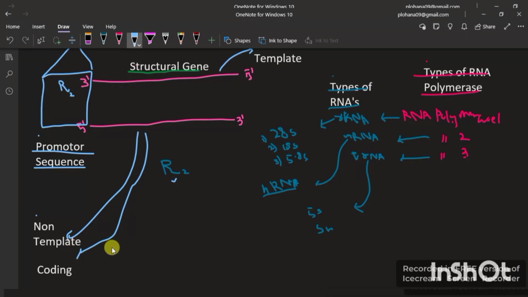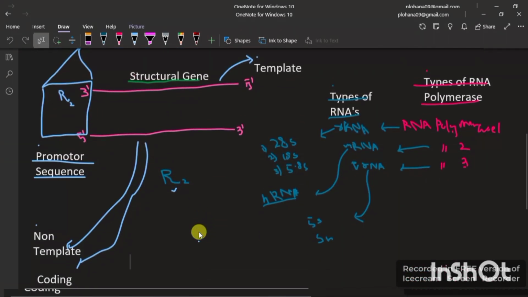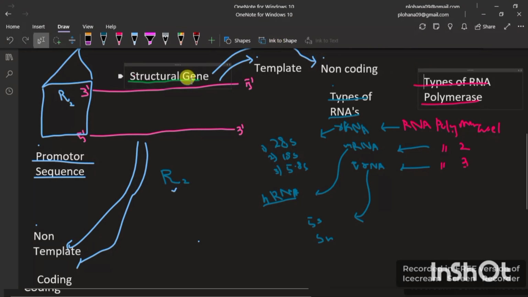And if this is coding strand, then that would be non-coding strand. Wait, let me write here. This is non-coding strand. Thirdly, it has another name too, which is sense strand. If this is sense strand, then it would be anti-sense strand. Alright, so I'm not going to write this now.